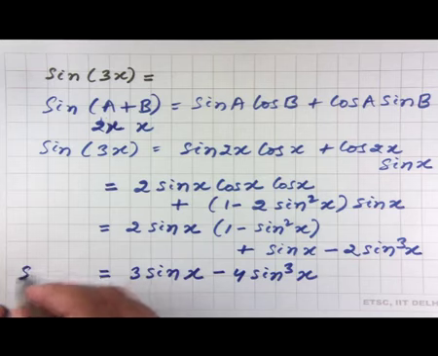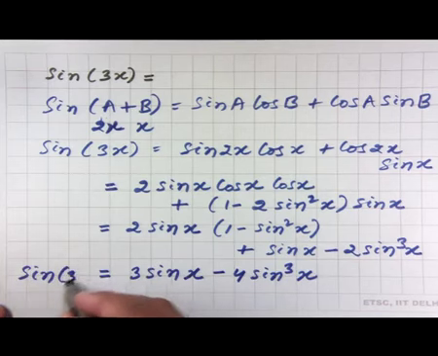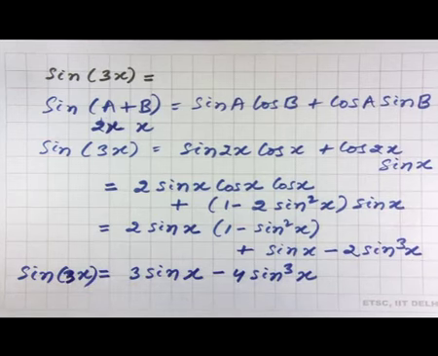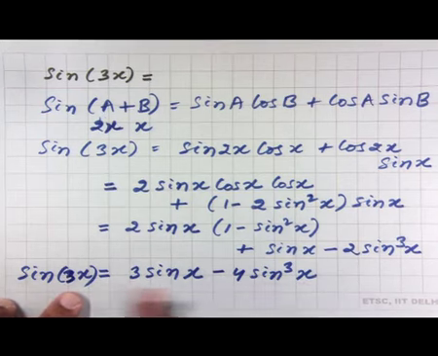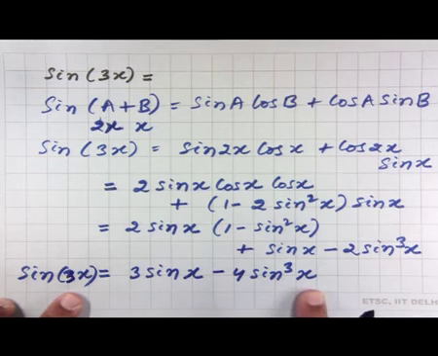So, that is your sine of 3x. So, again, as you see, if you just know the value of sine of x, you can find the value of sine of 3x. And of course, you can do vice versa also, because if you see, this part is cubic in terms of sine x.